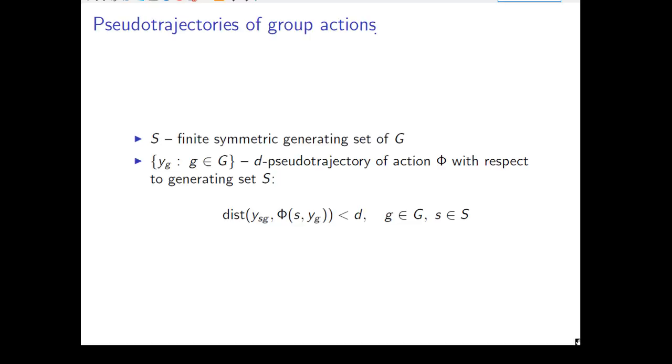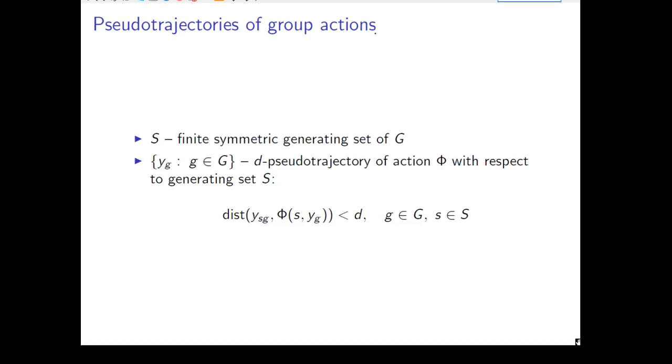And a set of points of my metric space indexed by elements of G is called a d-pseudo-trajectory of the action phi with respect to the generating set S if these inequalities are satisfied.